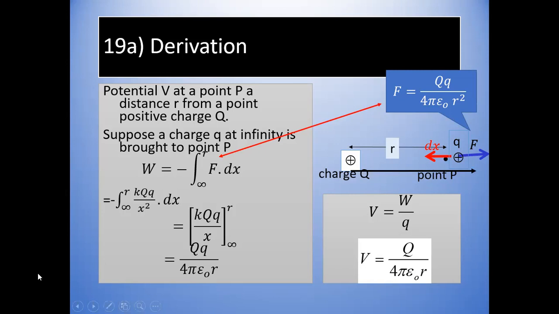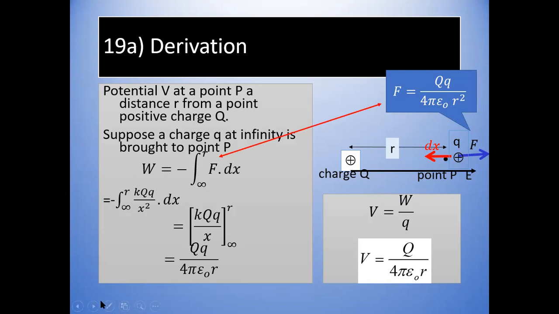Okay. The next, we are just using the formula, that's all. But kQq over x squared, when you put it inside the equation, where's the other x? Integrate it: minus 2 plus 1 becomes minus 1. So that's integration. I forgot that.